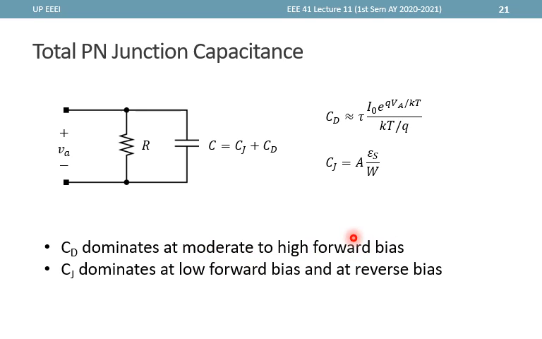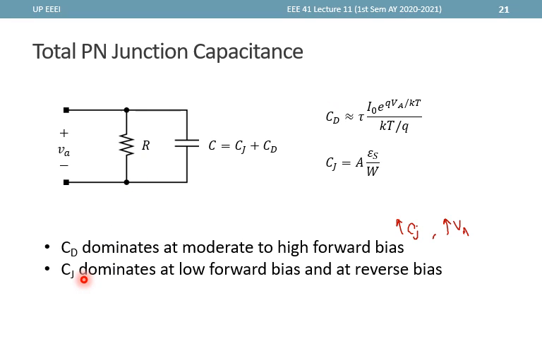Since if we forward bias the device, then this current actually increases exponentially, and that can easily overshadow this one. Although we note that CJ also increases with the applied voltage, since increasing the applied voltage decreases W, which increases CJ. However, the increase is actually faster for the case of CD.